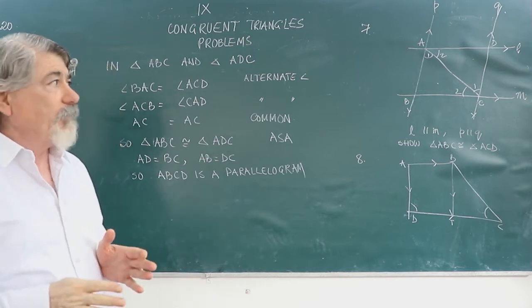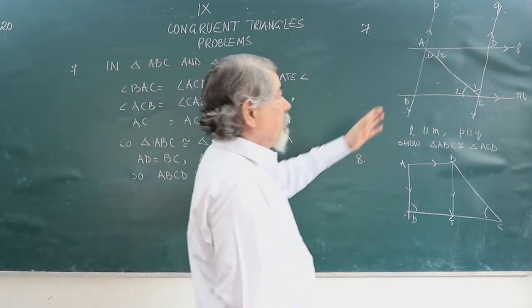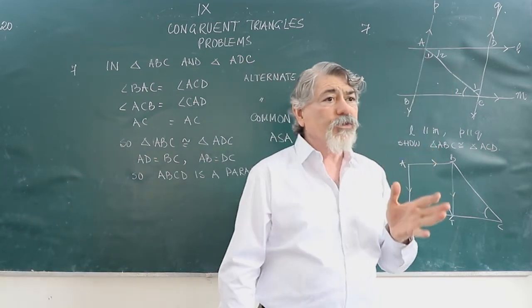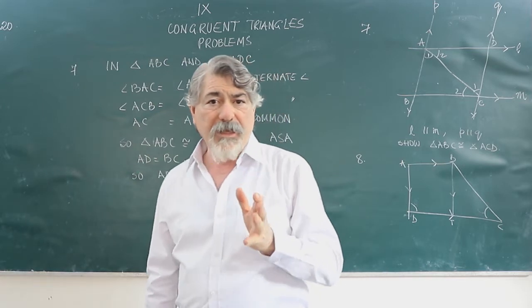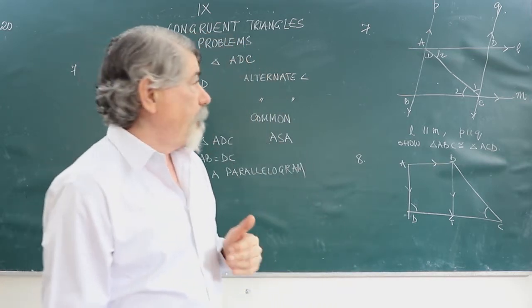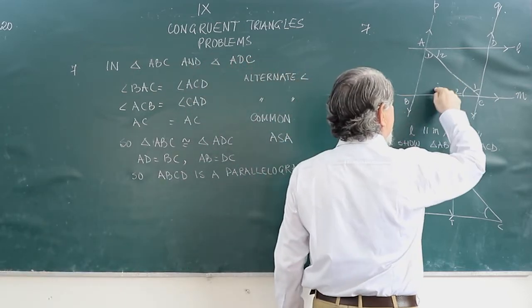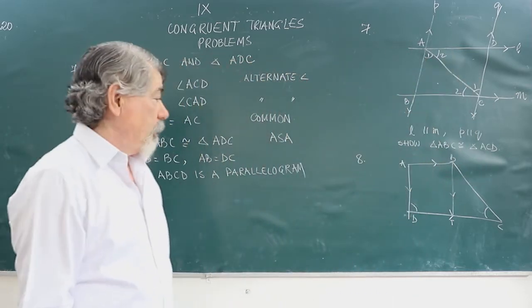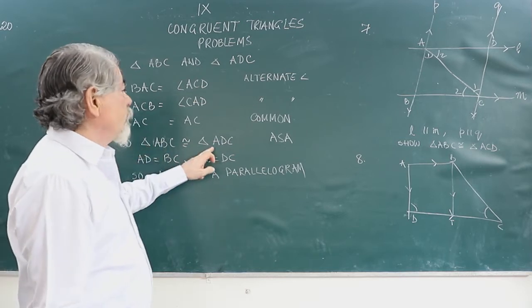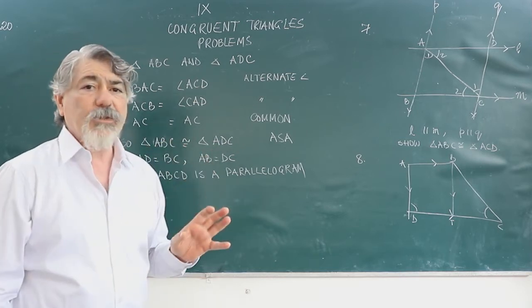In a parallelogram, please remember that a diagonal will divide the parallelogram into two equal halves, and each triangle will be congruent to the other. Because if the triangles are congruent, their areas will also be equal. So ABC is congruent to ADC, meaning they are equal in area also.